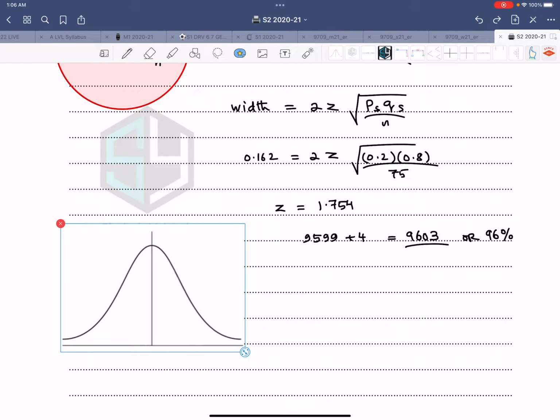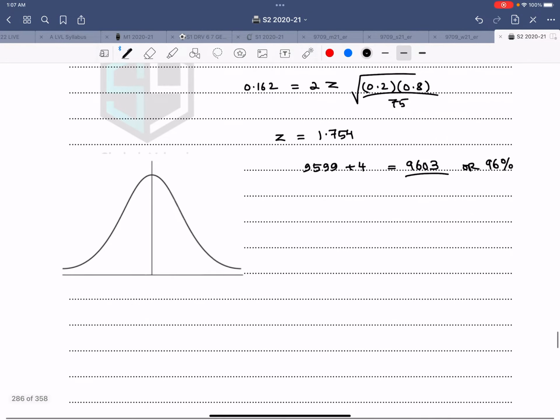And what happens is that we have a symmetric confidence interval. That means this Z value is 1.754 and this Z value has to be negative 1.754. So if this is 96% to the left, therefore to the right it's 4%.